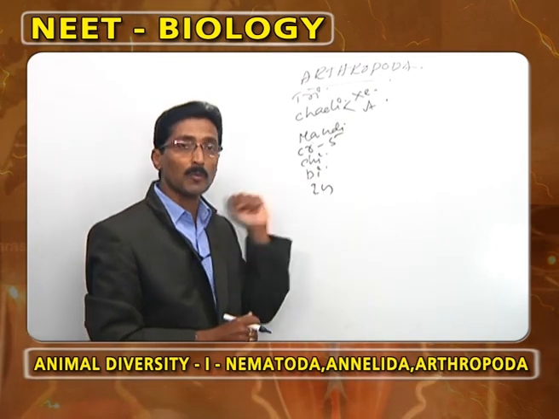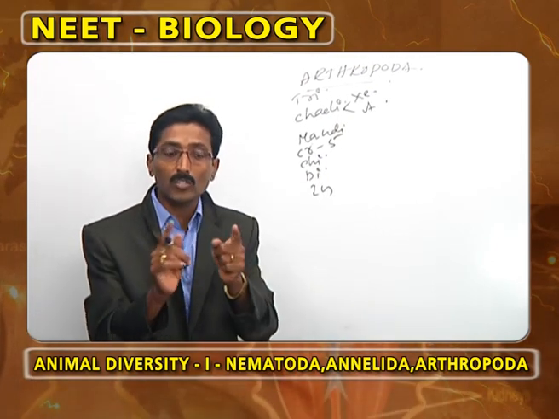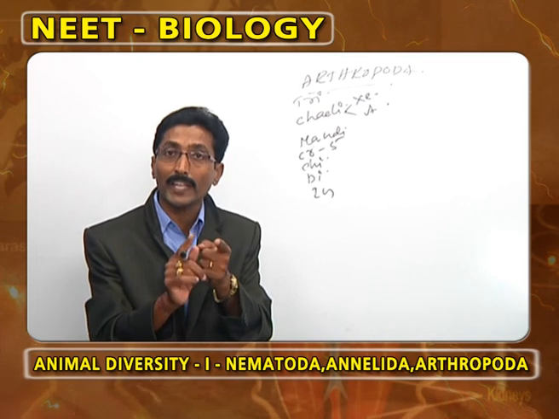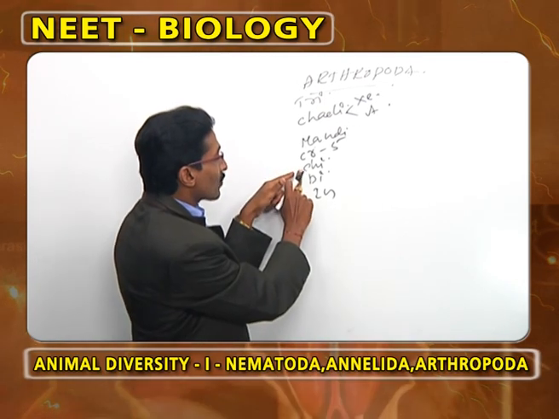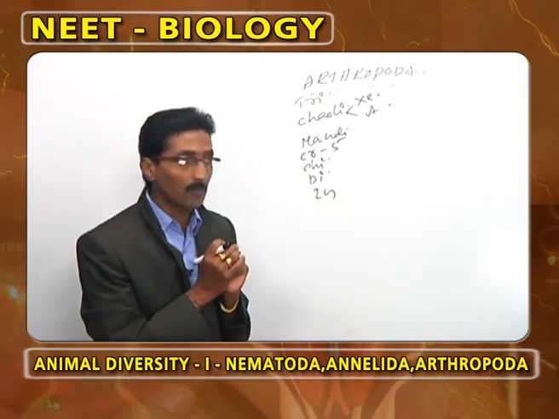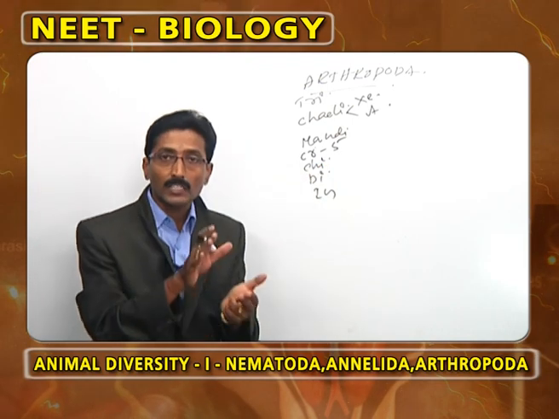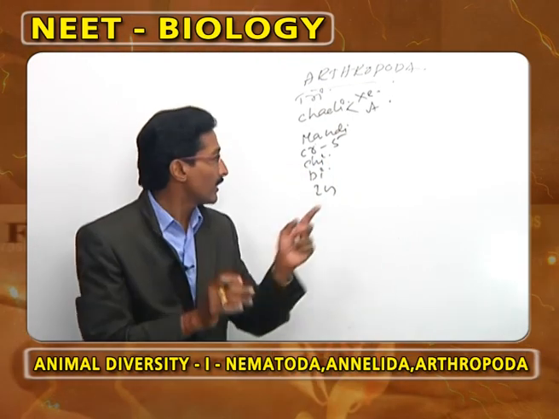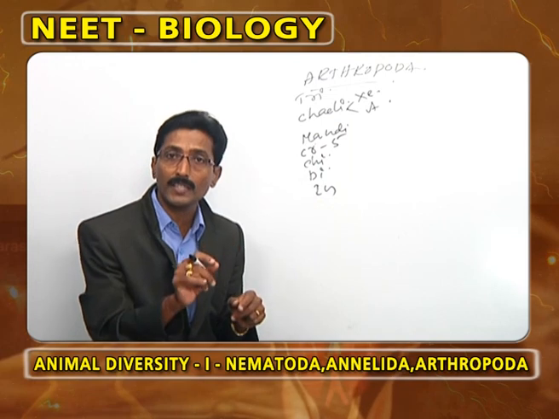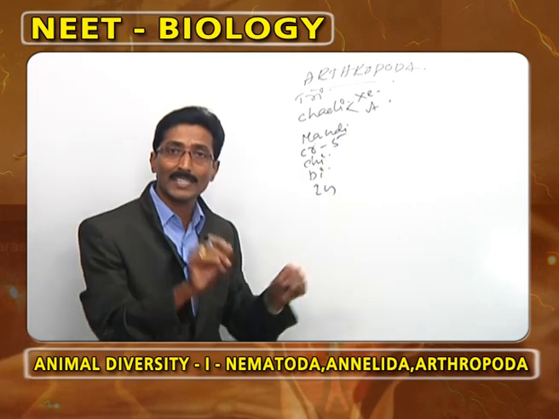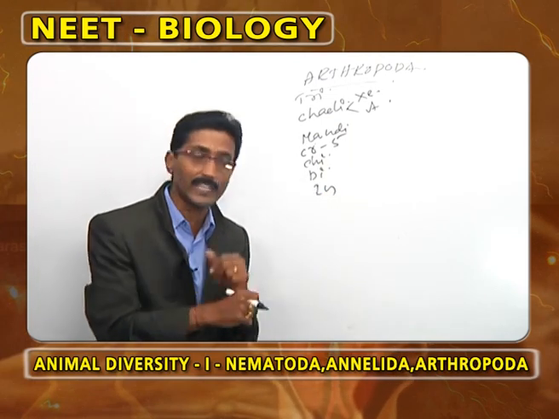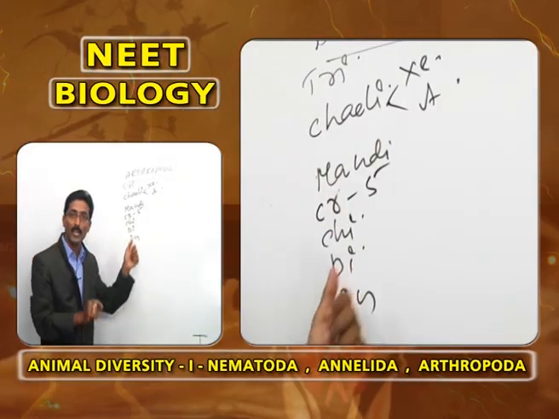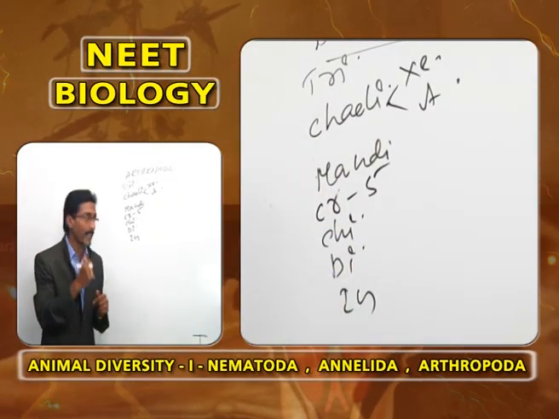Now, Chilopoda and Diplopoda, these two are combinedly termed Myriapoda. As we observe, in the Chilopoda the body is dorsoventrally flattened. In Diplopoda, the body is cylindrical. In the Chilopoda, the segmentation is very clear. In case of Diplopoda, the segmentation is not clear.